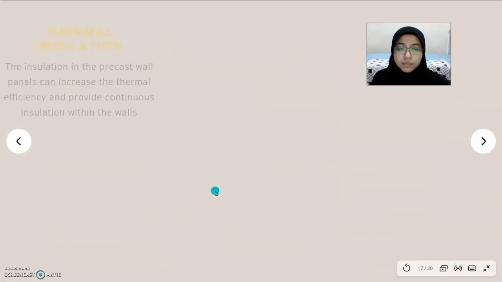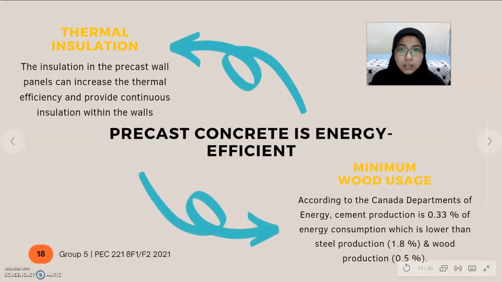So when we say precast concrete is energy efficient, it means that it has the characteristic of thermal insulation. It means that the insulation within the precast wall panels can increase the thermal efficiency and provide continuous insulation within the wall.